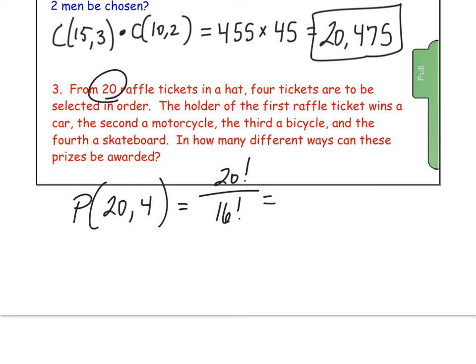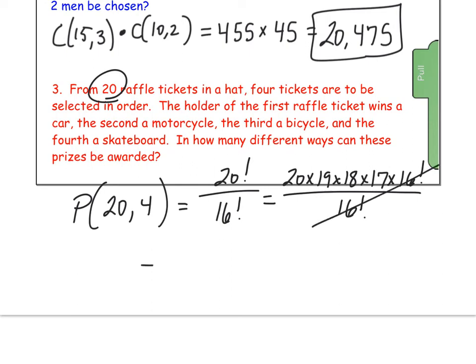So here we are. We're going to list it out. 20 times 19, 18, 17, and we will stop at 16. Why 16? Because that's what's in my denominator. And they will cross each other off.